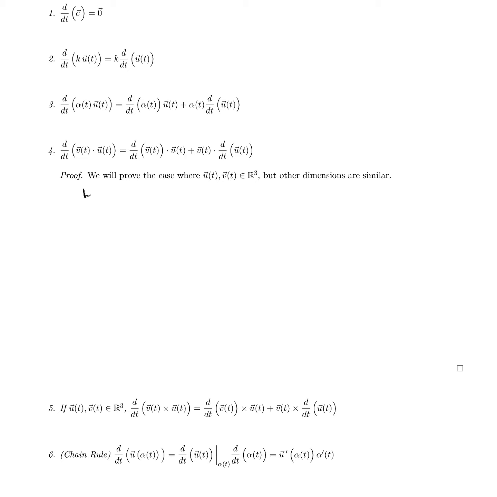So let's let u of t have component functions u1 of t, u2 of t, and u3 of t, and v of t have component functions v1 of t, v2 of t, and v3 of t.